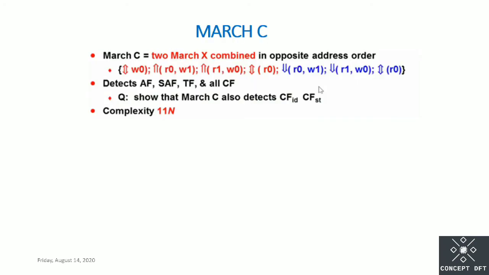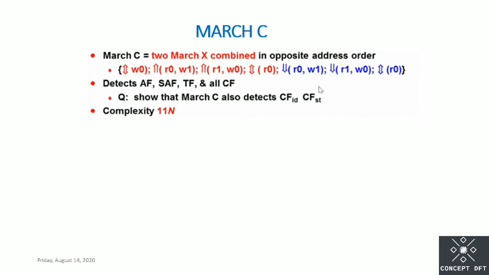March C algorithm. In the March C algorithm, we combine two March X algorithms in opposite address order. So the flow is: write 0 in any direction, then read 0, write 1 in ascending, then read 1, write 0 in ascending, then read 0 in any direction.